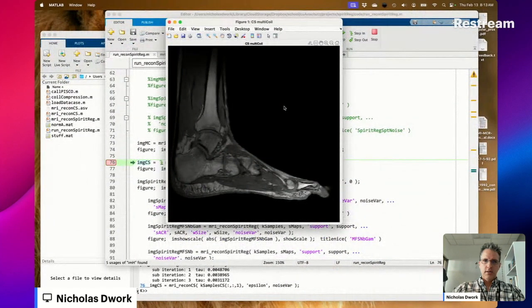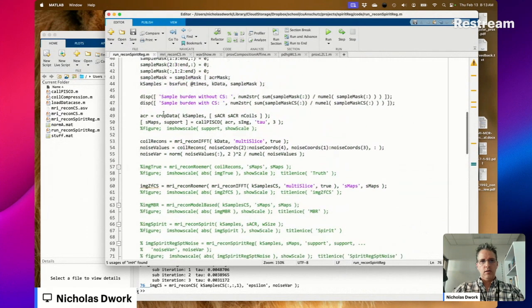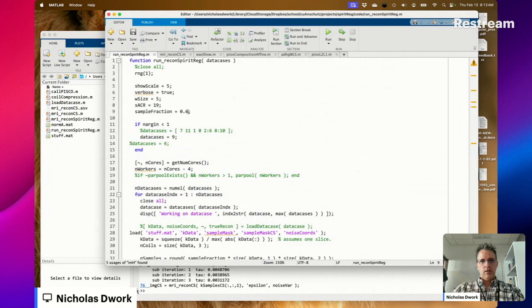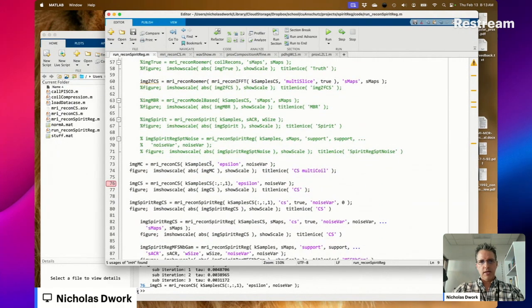That looks good. Okay, what changes if we supply S maps?